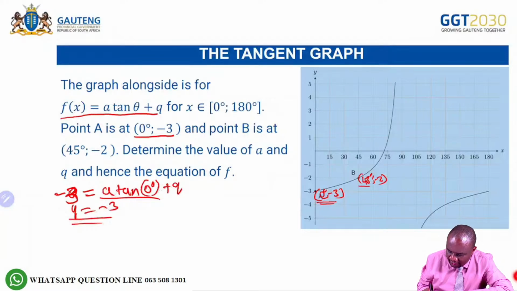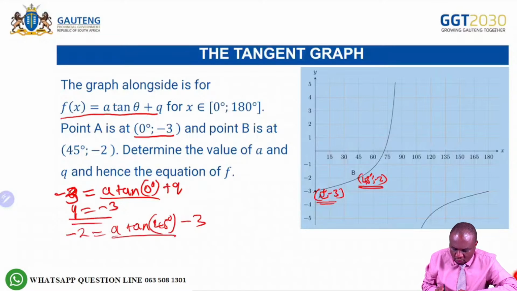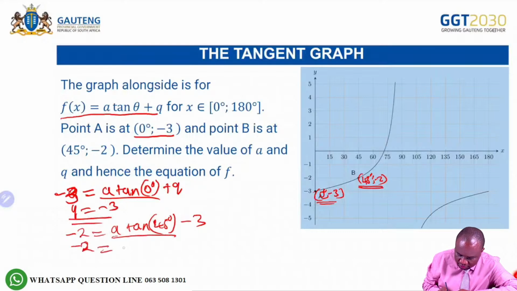Let's find the value of a. We're going to substitute this point, so it's going to be -2 is equal to a tan 45 degrees, and then plus q. Our q is -3. Okay, this is 1a, because tan 45 is 1. It's going to be -2 is equal to a minus 3.